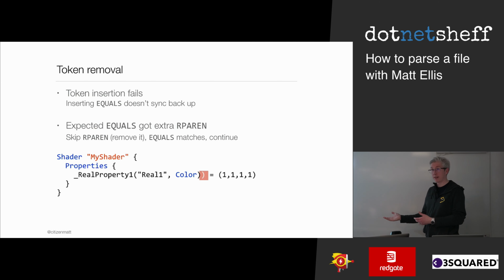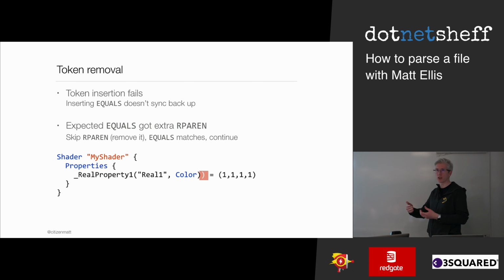But that doesn't always work. So if I've got an extra token, so I've got, say, two closed brackets there, my token insertion fails because I can't insert something else because it says, oh, I've got closing bracket, I was expecting equals. If I insert an equals, does everything work out okay? No, it doesn't, because I've still got this weird closing bracket which I wasn't expecting. So then it can do an alternative and says, well, fine, I will skip this one.